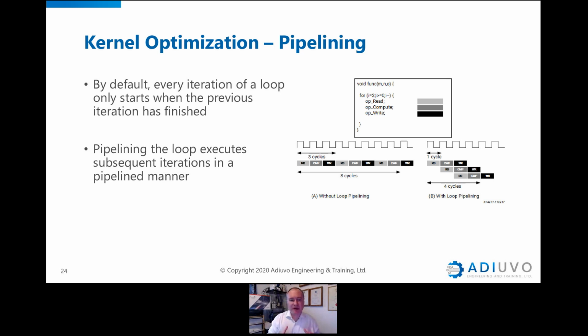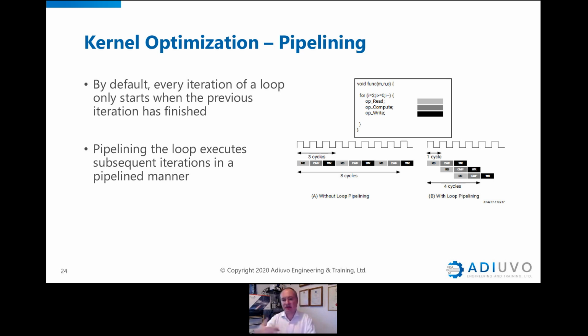By default, because you don't want the Vitis compiler to use every little bit of logic in your device when you click compile, the compiler creates logic structures that only start when the previous iteration of the loop has finished. So it works in a sequential manner, very similar to how the software world does. In this example, you can see it iterates through the 3 instructions.